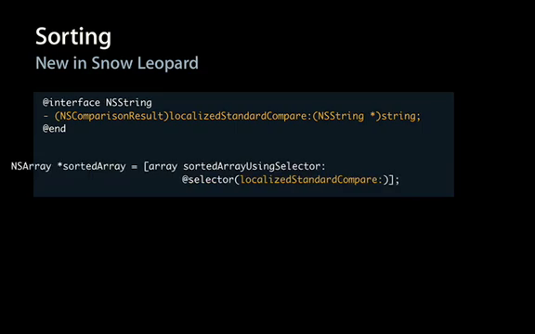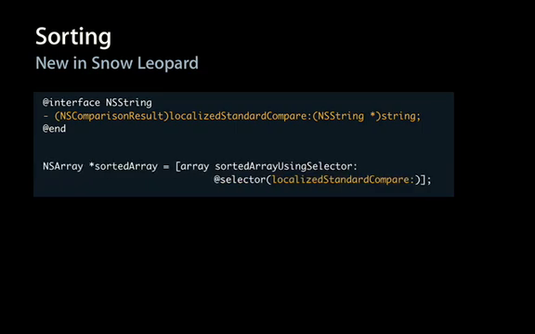But new in Snow Leopard, you can forget all about the options. We now have localized standard compare, designed specifically for local sorting, and it packages all the options. By adopting it, even when we provide new OS enhancements in insensitivity, the application gets those enhancements for free.